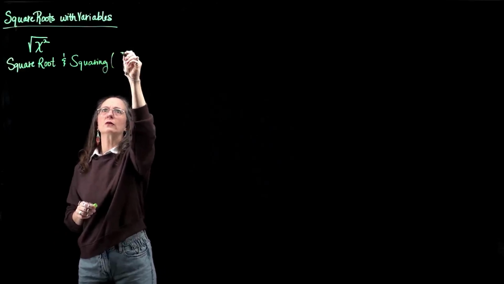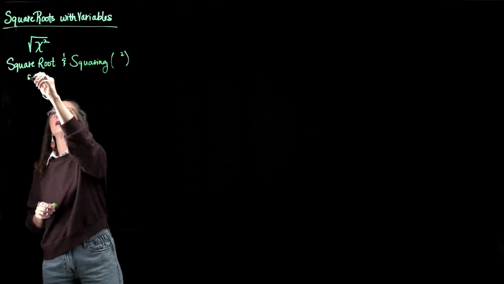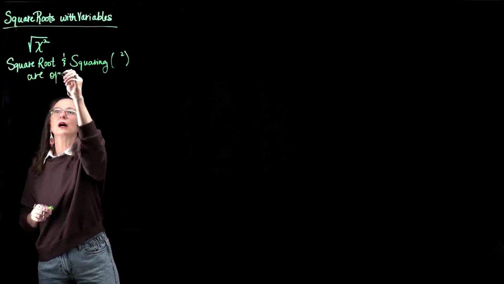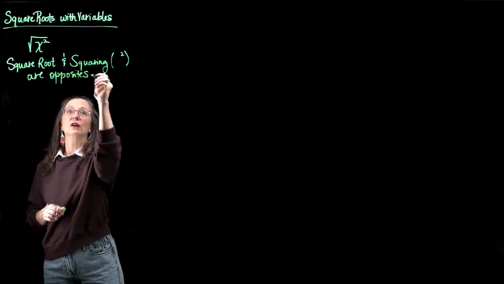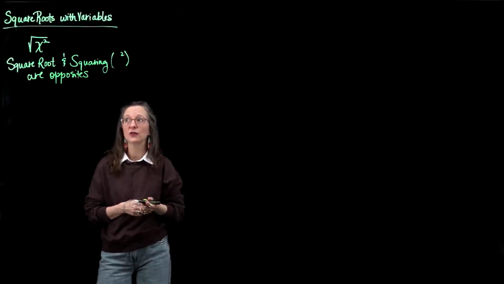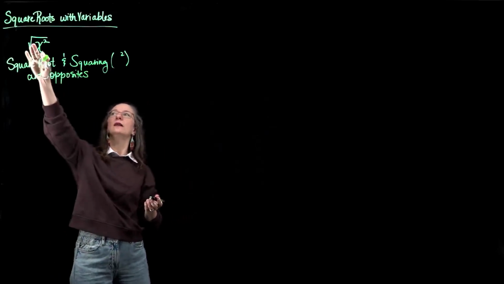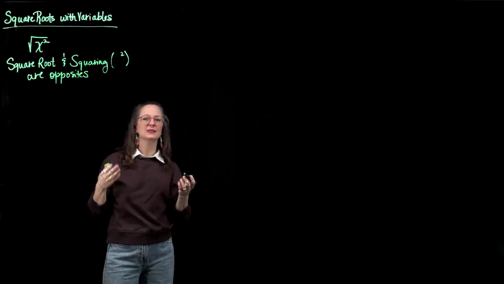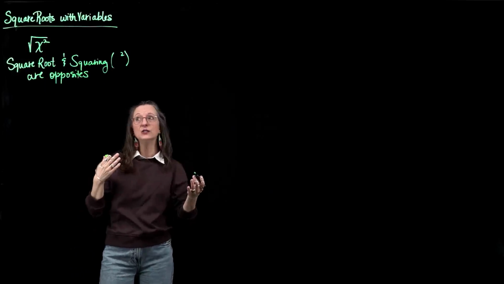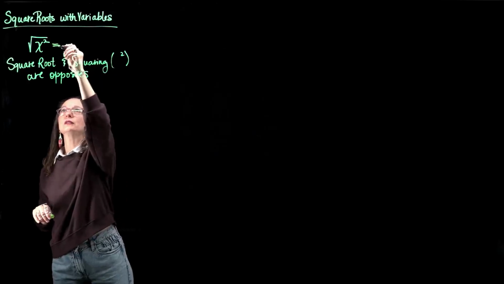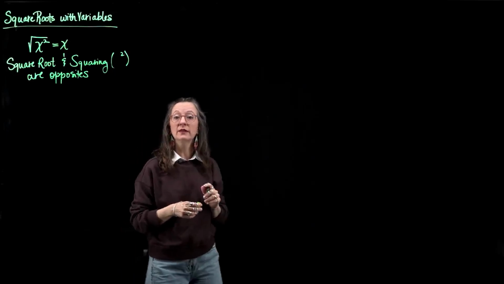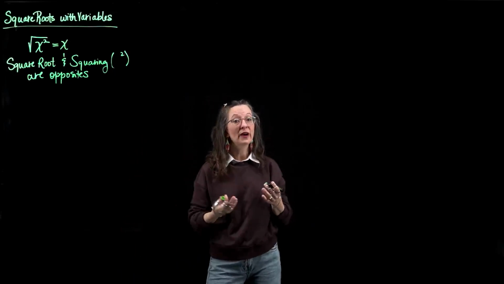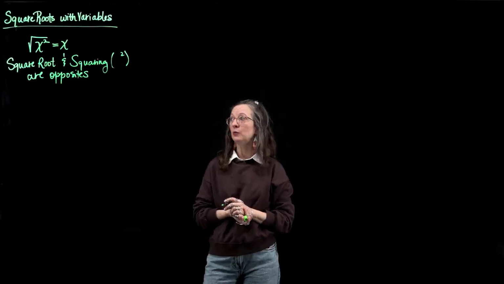They're opposites, kind of like multiplication and division are opposites of one another. So when we have the square root of x squared, they undo each other and it's just going to be equal to x. That's a really important thing that we need to know to evaluate square roots of variables.